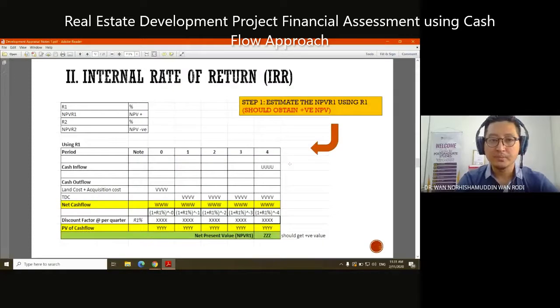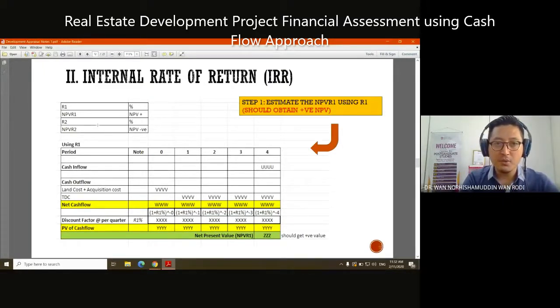Okay, let us look into the internal rate of return using Excel. As I've mentioned before, you have to search for R1 that can produce a positive NPV R1, and then R2 that can produce a negative NPV.